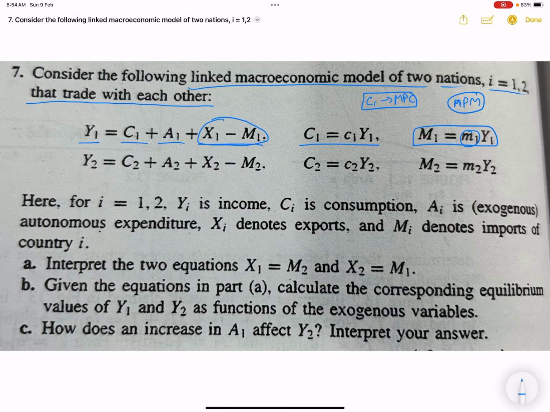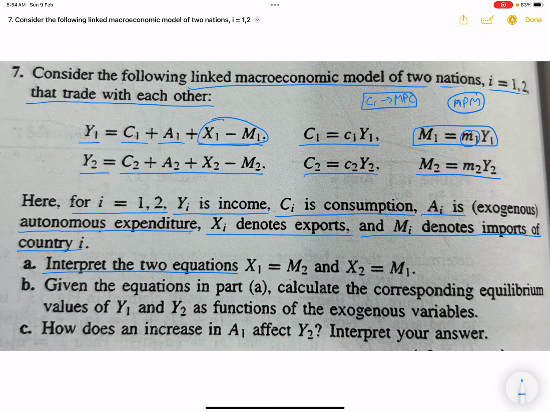Moving forward, similarly this is for nation 2. Here i equals 1, 2, yi is income, ci is consumption, ai is exogenous autonomous expenditure, xi denotes exports, and mi denotes imports of country i. Now, first part: interpret the two equations, x1 equals m2 and x2 equals m1. So x1 is the exports of country 1, and m2 is the imports of country 2.